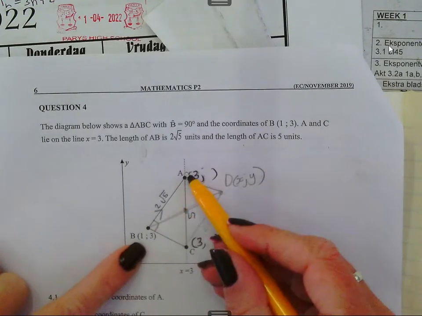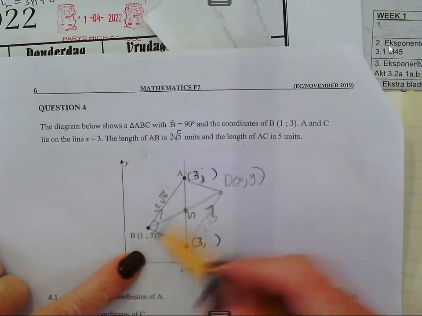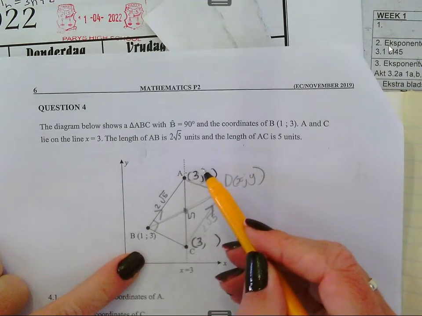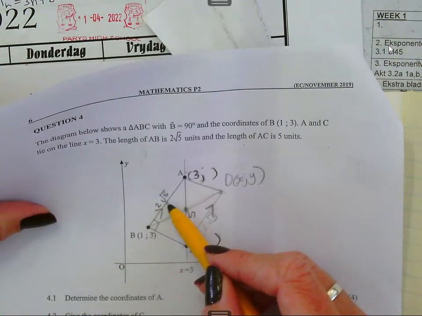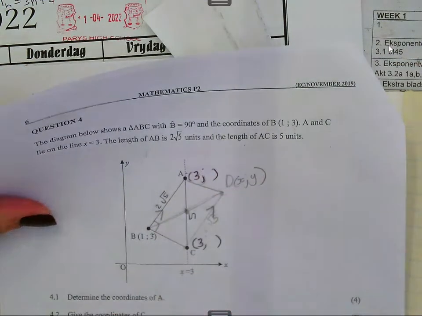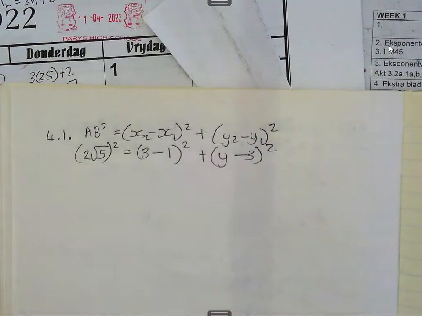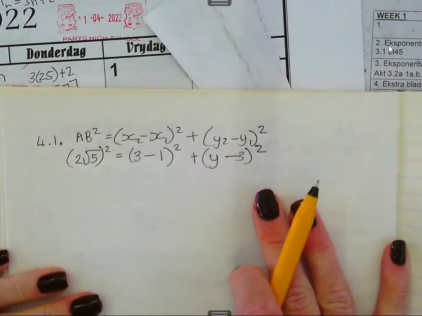They gave you the distance, a full coordinate, and half of the other coordinate. So we're going to substitute this into the distance formula, substitute the coordinates, and calculate the unknown. That's what it looks like when you substitute.